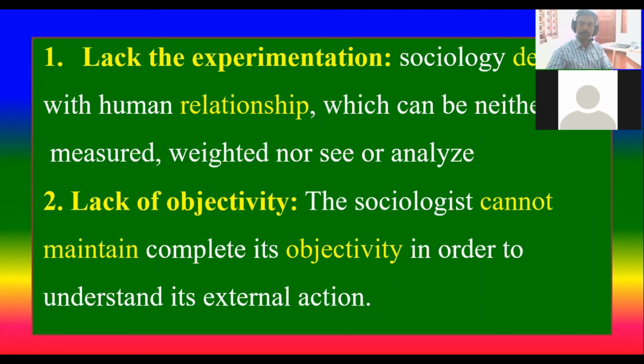Same objectives as a need for two different families is impossible. Every family has different functions. Every community has its own characters. So the study of sociology is not a science due to this lack of objectivity.